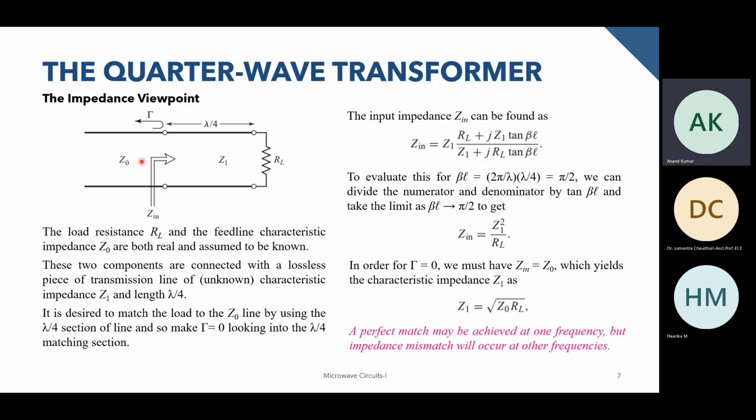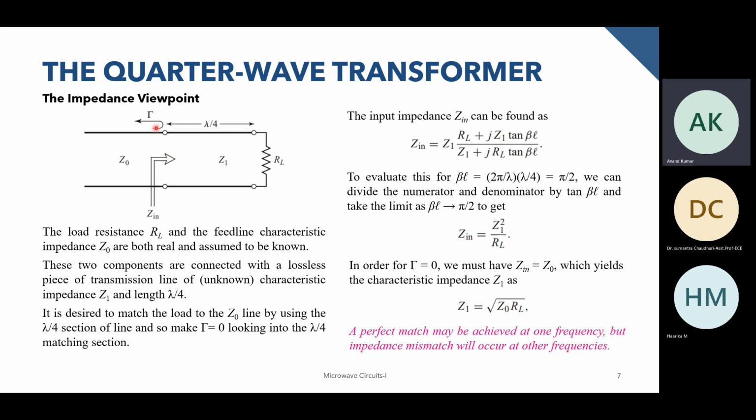In the impedance viewpoint, we took the circuit and calculated the input impedance at this point, and then inserted a transmission line section which had an impedance Z1 and a length of lambda by 4. By substituting this length, we found that the argument of tan becomes pi by 2, and taking the limit we get the expression where the input impedance equals Z1 squared by RL, the load impedance.